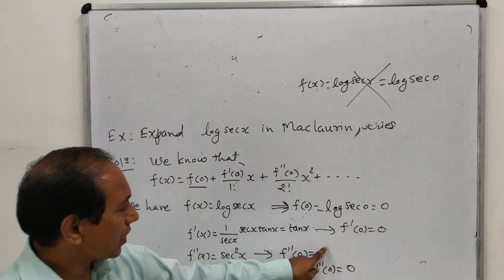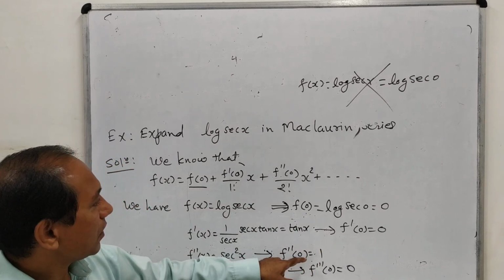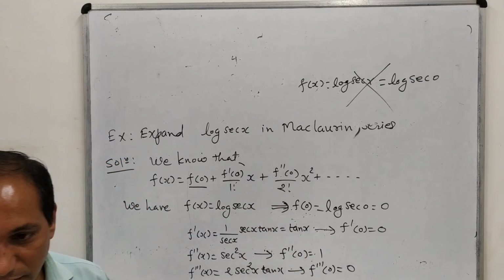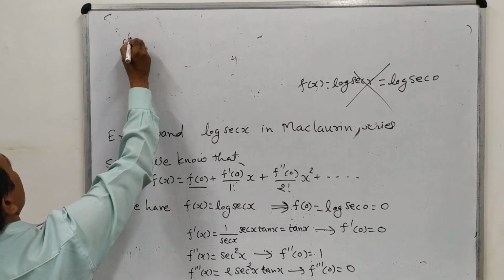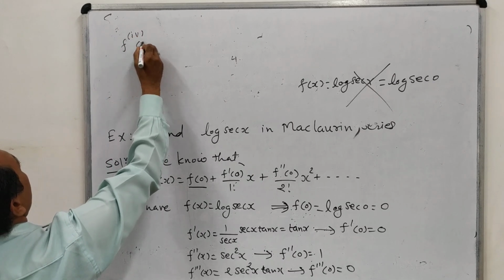So only one term we have obtained other than 0. At least two terms should be there in the expression, so we will require one more derivative, that means the fourth derivative, f raised to 4 of x.